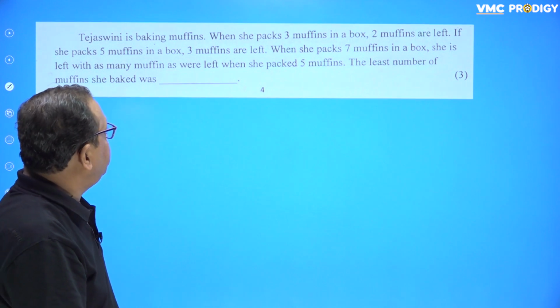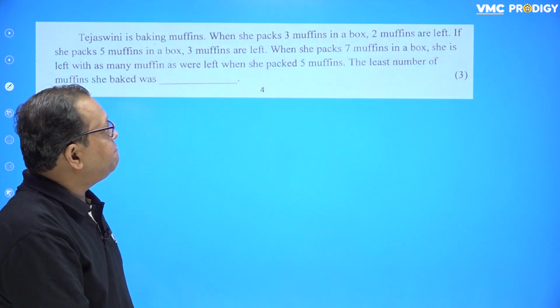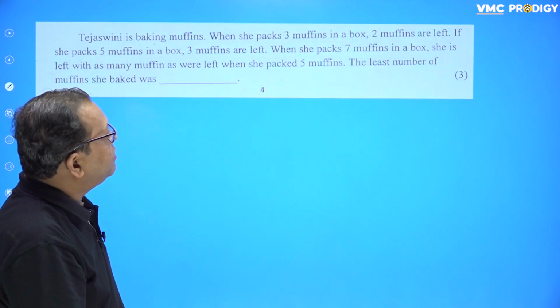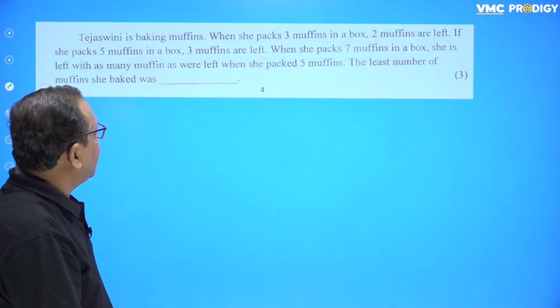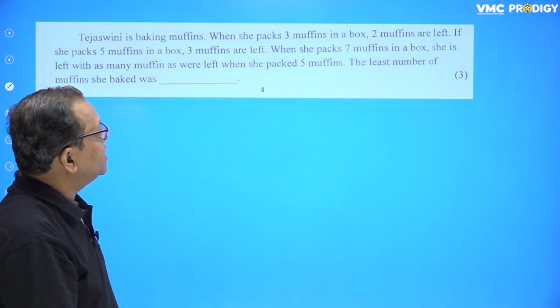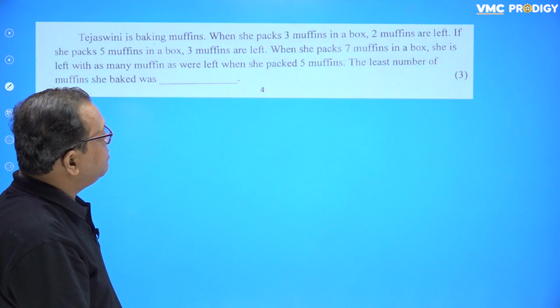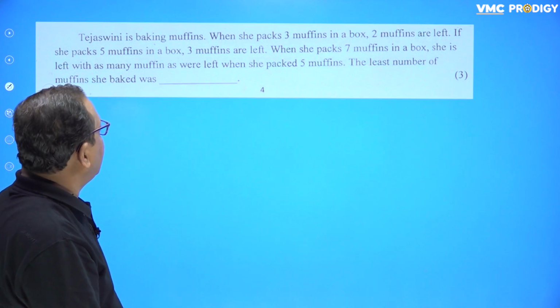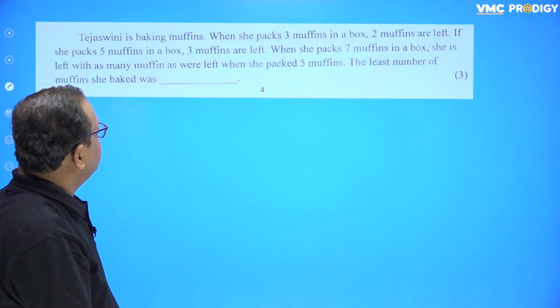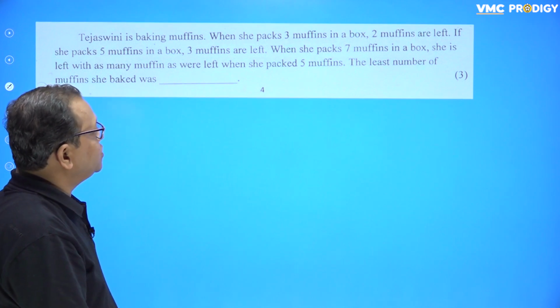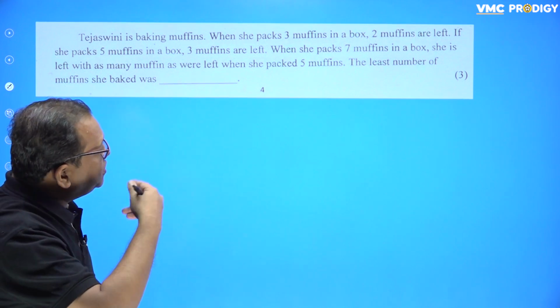Tejaswini is baking muffins. When she packs 3 muffins in a box, 2 muffins are left. If she packs 5 muffins in a box, 3 muffins are left. When she packs 7 muffins in a box, she is left with as many muffins as were left when she packed 5 muffins. The least number of muffins she baked was what? Now, what does this question mean?